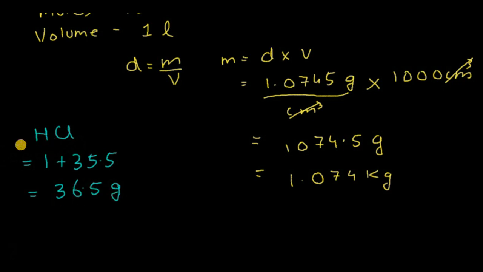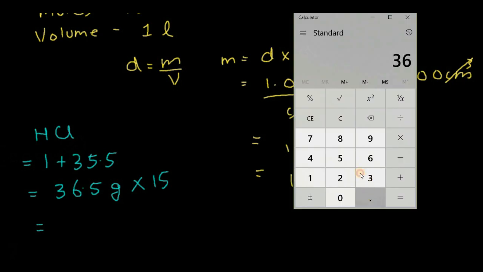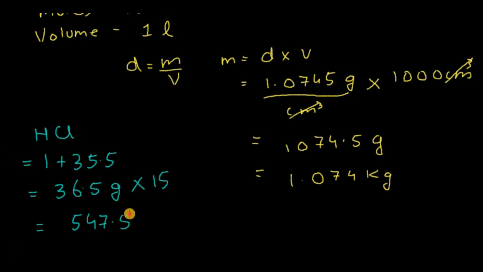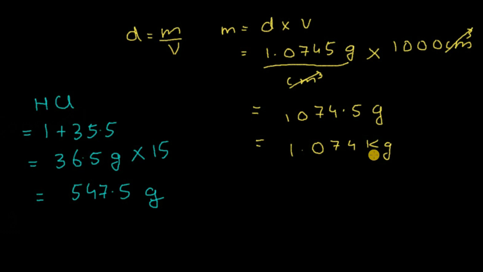So what it means is 1 mole of hydrochloric acid will weigh 36.5 grams. But we have 15 moles. What we do is we multiply this by 15. So what we get is 36.5 multiplied by 15, which is equal to 547.5. 547.5 grams of hydrochloric acid is there in 1.074 kilograms of this solution. Here it is in grams, here it is in kilograms.